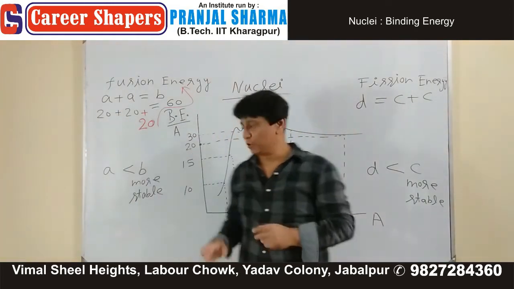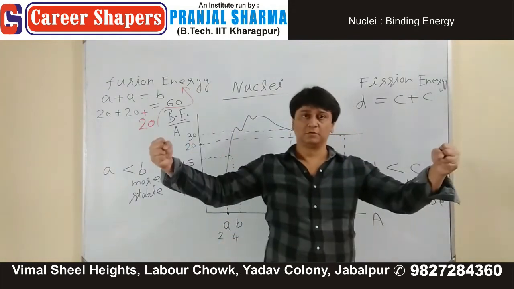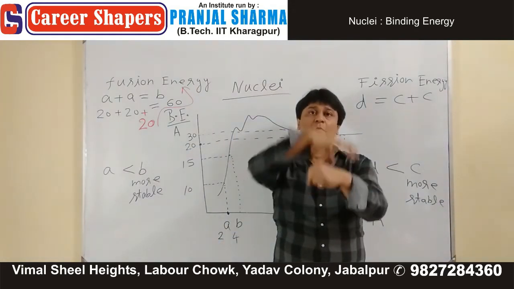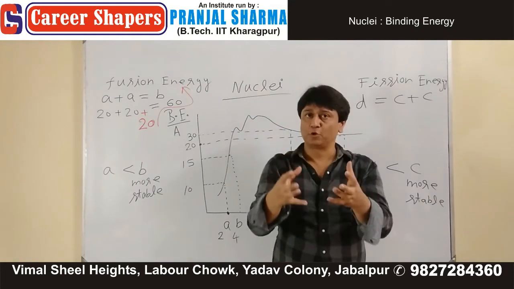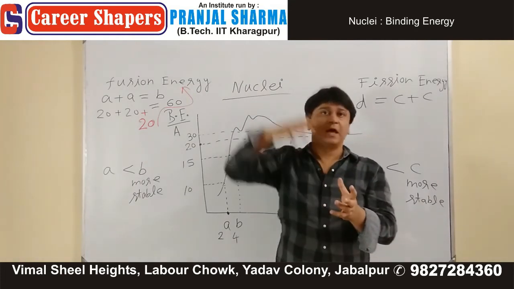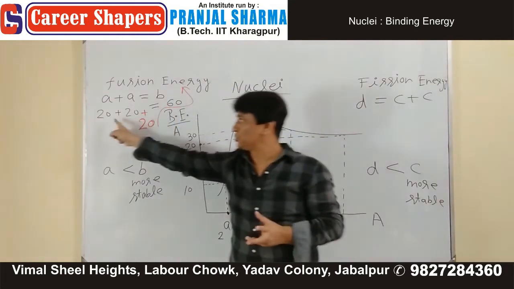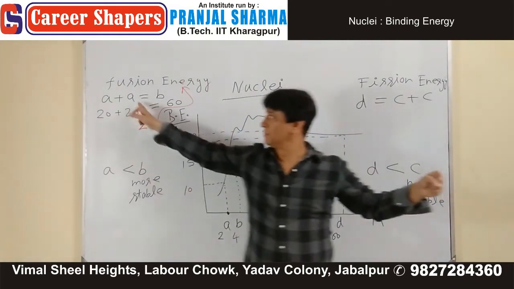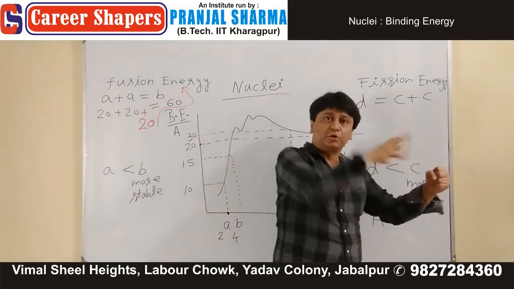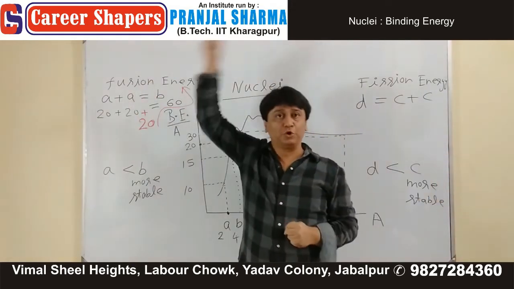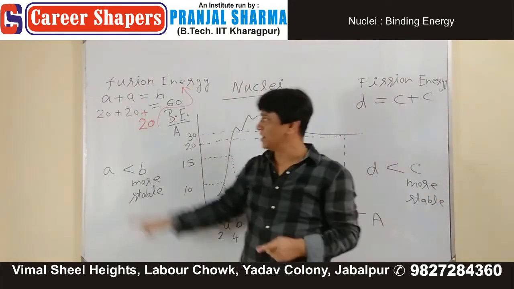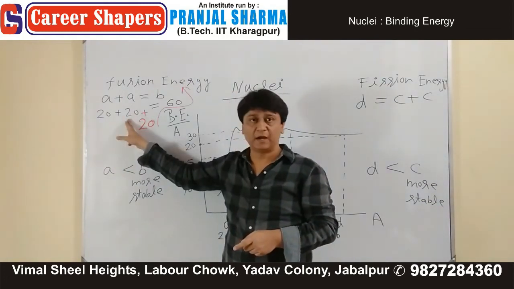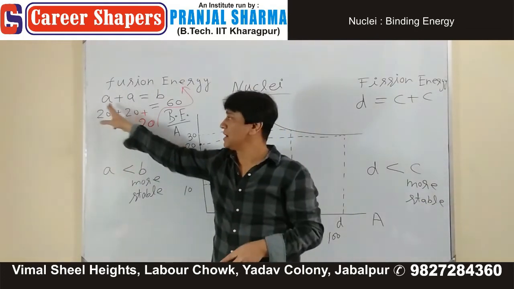That's what I've already told you. Mass defect takes place, energy comes out, which is 20. Take another A, again when it forms, 20 comes out. So the universe has got 20 and 20 when it formed A.